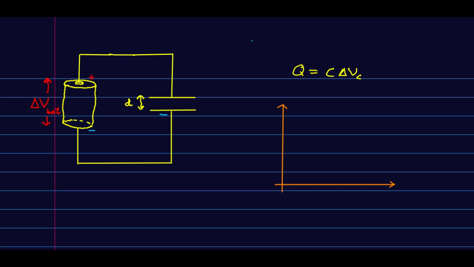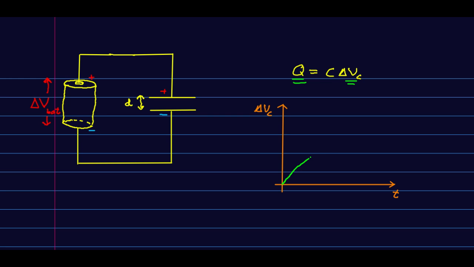So we're going to start seeing a buildup of charge. But this happens very, very quickly. But we're going to think about it and the process. And I'm going to plot delta V on the capacitor versus time. And it's going to rise. It starts at 0 because there's no charge, and the charge is proportional to the delta V. But as the charge builds up, the delta V builds up.